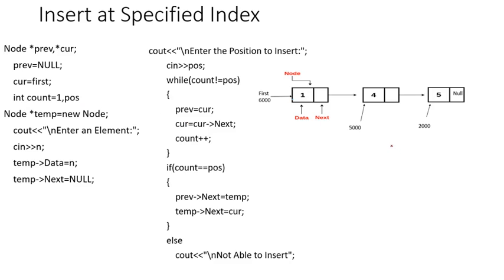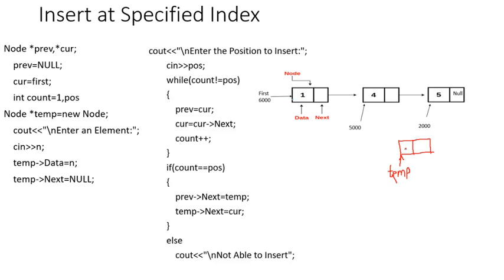Again for insertion we first allocate the memory using the new operator, which returns the address of this newly allocated node, collected in the node pointer temp. After that we accept the data from the user.